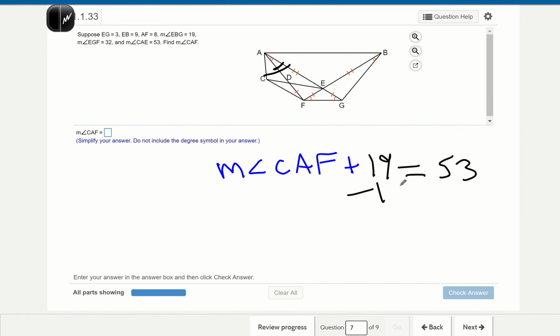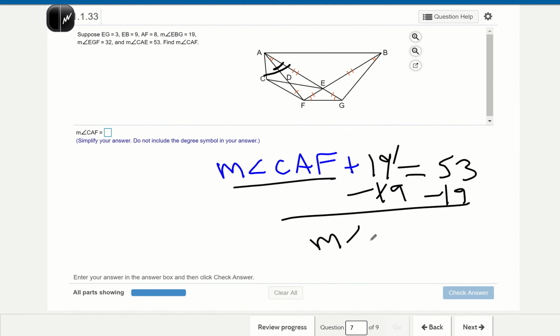And so we subtract 19, and that'll give us the little angle. Solve that equation. So this guy is equal to 53 minus 19, which is 34 degrees. Okay, and that's how you would solve that particular problem. Again, you might have different numbers, but the logic is the same.